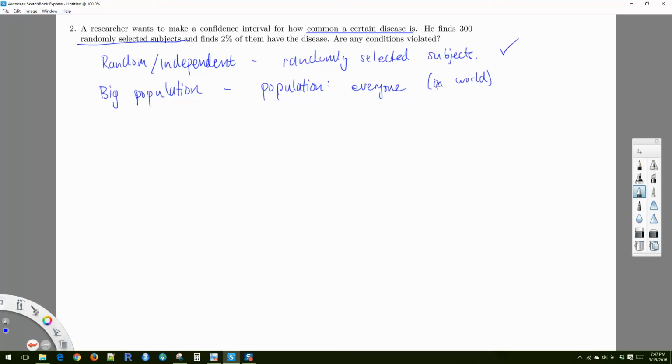If it doesn't specifically say, then you can assume the world, unless it says like a school or something like that. So everyone in the world. This is huge, definitely big enough.